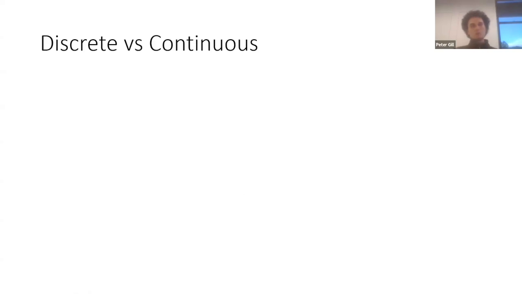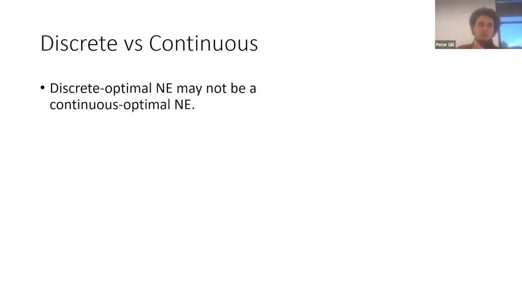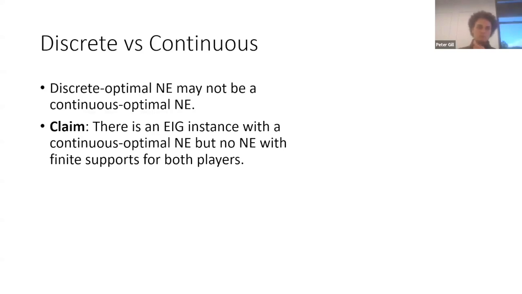A little on the side, the comparison between this discretized version of escape interdiction games and the actual continuous version is that a discrete optimal Nash equilibrium may not always be a continuous optimal Nash equilibrium. So there is still some structure that the discretization doesn't directly touch.